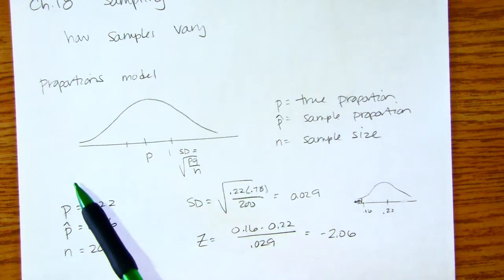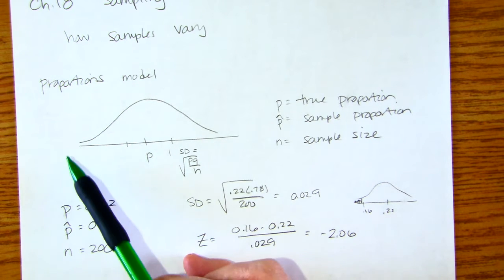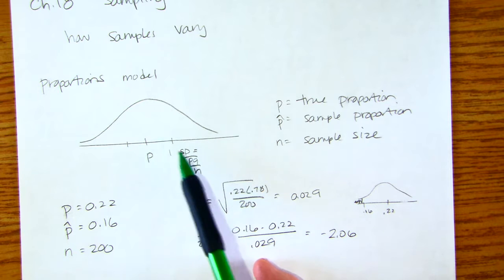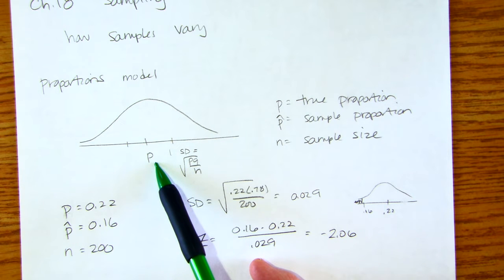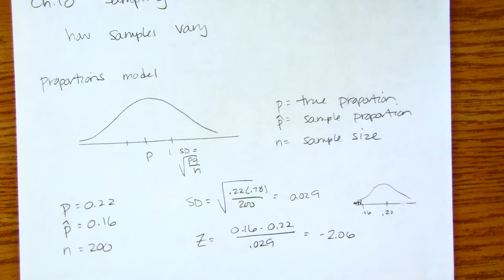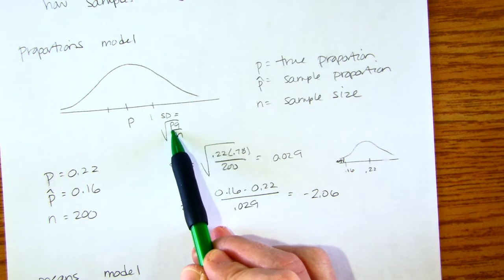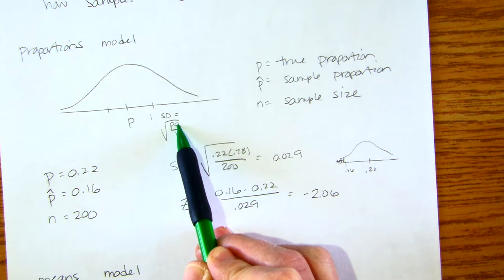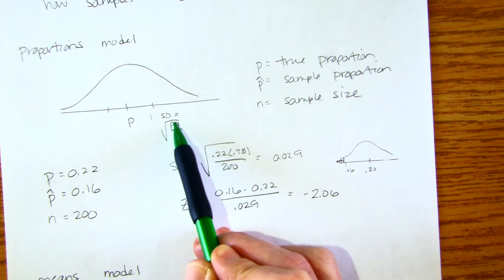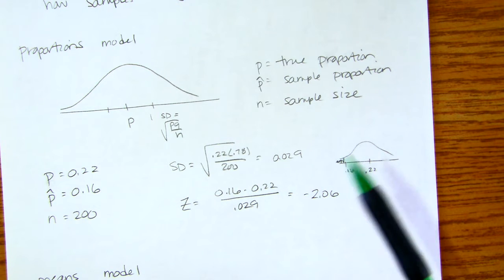Okay, so what's going on here? A sampling distribution of proportions looks like this. The sample proportions will stack up around the true proportion p, and the standard deviation of this model is equal to the square root of your true proportion times the proportion of failures divided by your sample size.